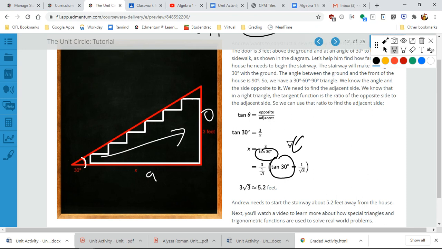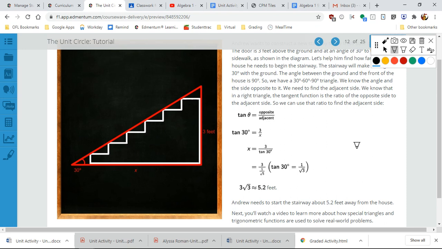Well, tangent of 30 is our 1 over, or I'm sorry, I'm getting this backwards. They skipped a few steps here. I don't like when they skip steps. I'm not a big fan of it. What are they skipping here? Opposite is 3. They're just giving us this without explaining why.